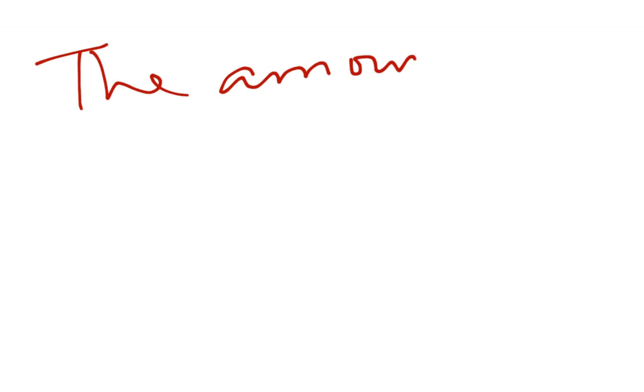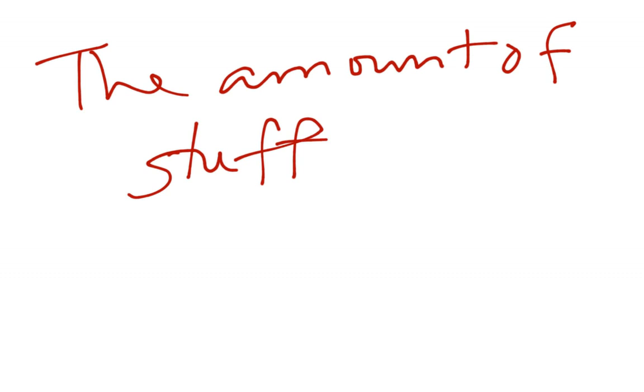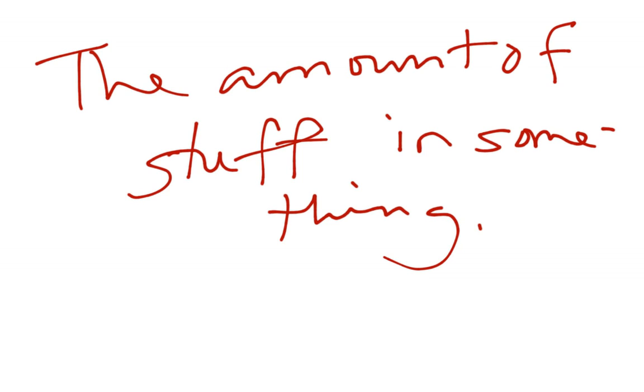What concentration is, and this is kind of a rough definition, is the amount of stuff in something. So in the first case, it's the amount of orange juice in the can. In a concentration camp, it was the number of prisoners in the camp.